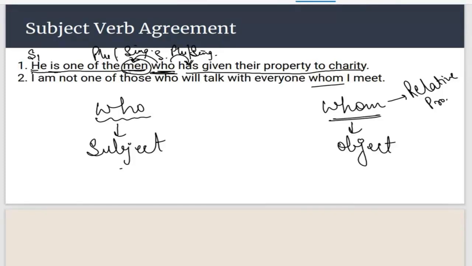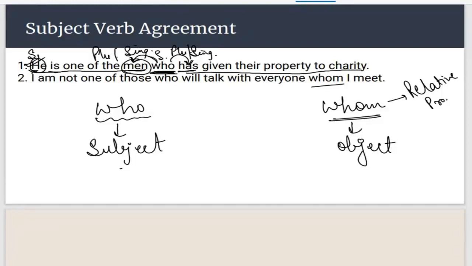Whenever two sentences are connected with who, then the verb used after who agrees according to the noun or pronoun used just before who. What I mean is that the verb used after who does not agree according to the main subject. Here the main subject is he, right? But whenever who is used in a sentence, the verb mentioned after who does not agree according to the main subject.